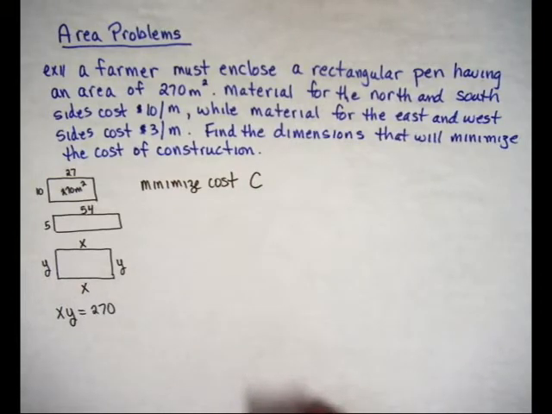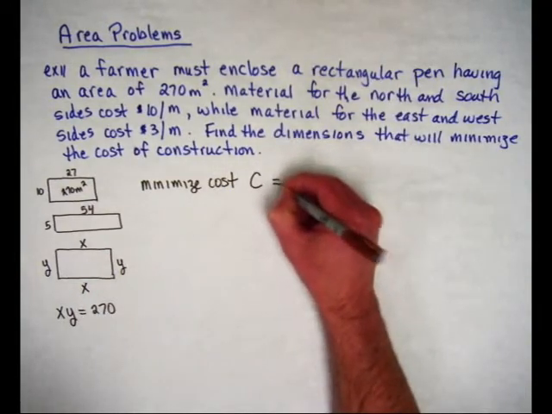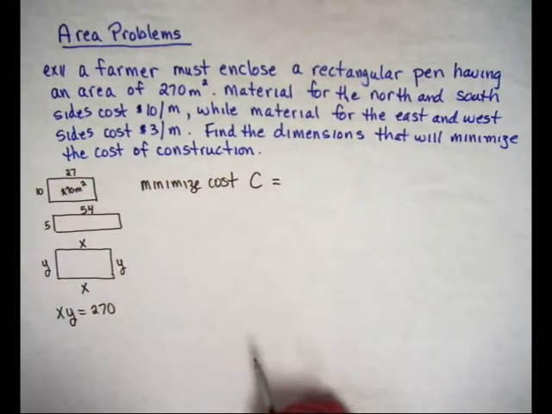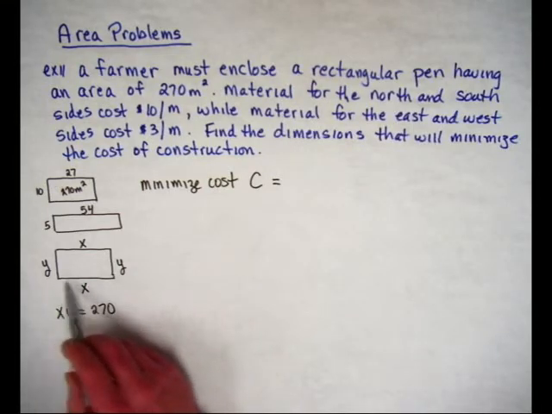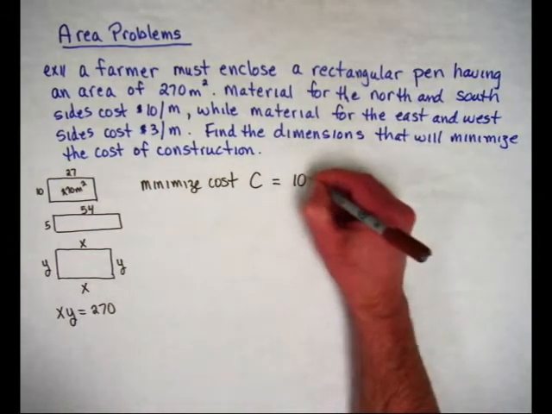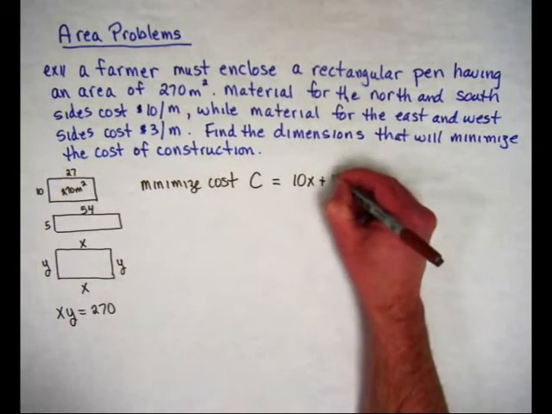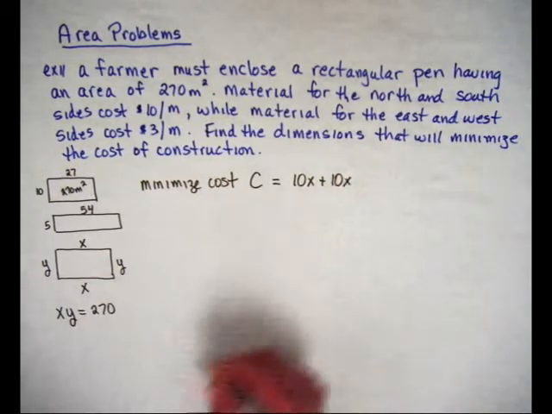So what you need to do now is write a function. What is it going to cost to build this enclosure? Well, the cost C is going to equal, we're told that the material for the north and south is $10 per meter. So if we're going to use x meters here, it's going to cost us $10 times the number of meters x. It's also going to cost us 10 times x for the other side.